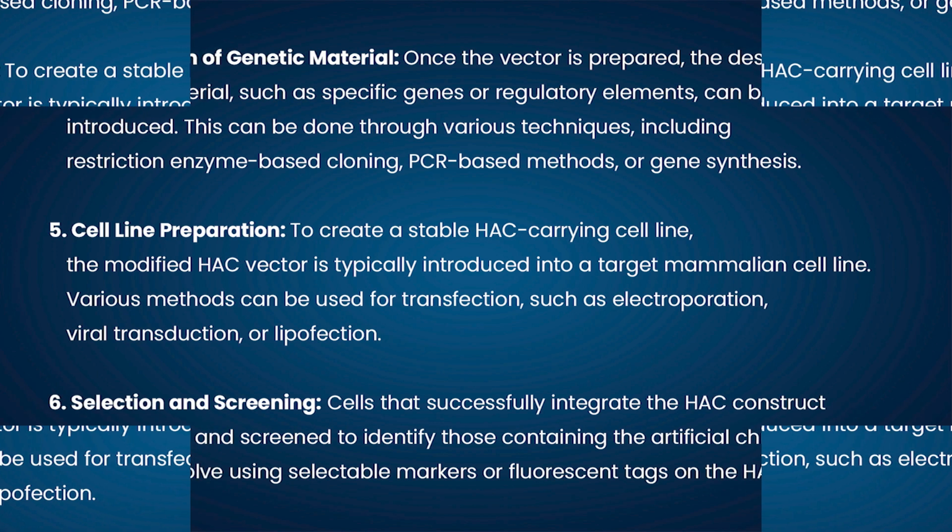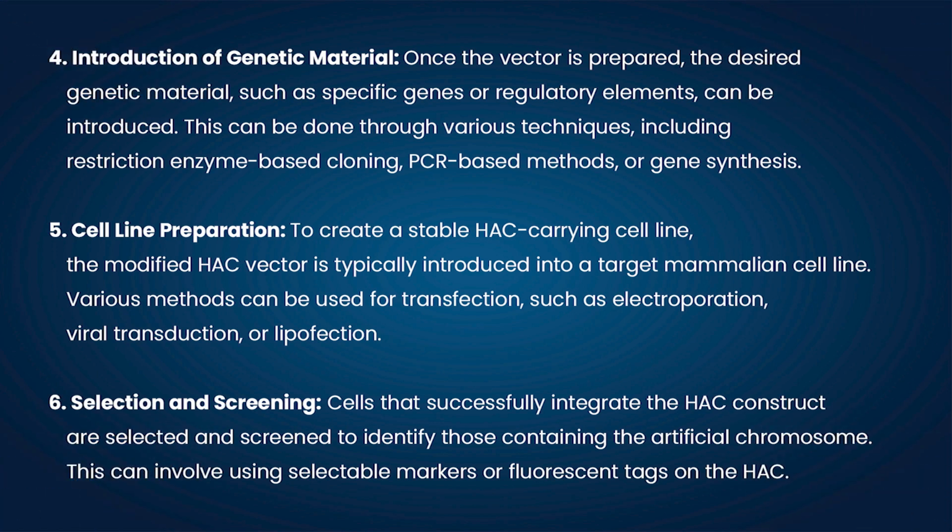To create a stable human artificial chromosome carrying cell line, the modified HAC vector is typically introduced into a target mammalian cell line. Various methods can be used for that, like transfection, electroporation, viral transduction or liposuction.